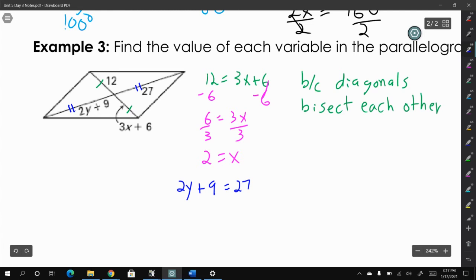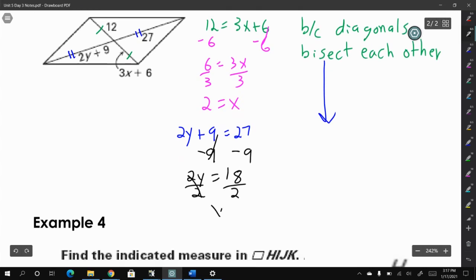And that's the same reason as we had up here, because the diagonals bisect each other. So then we will subtract 9 from both sides. We get 2y equals 18. Divide by 2. And we get y is equal to 9.